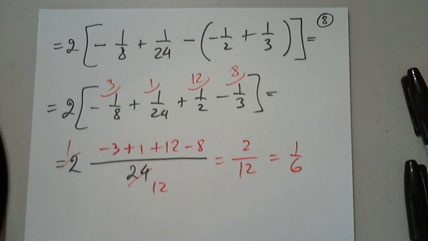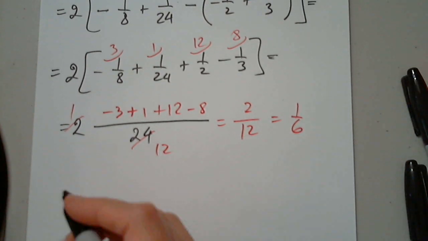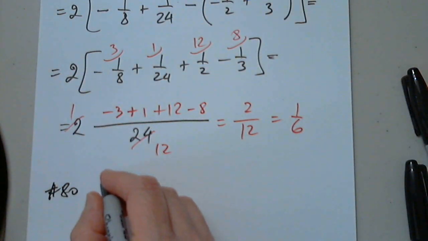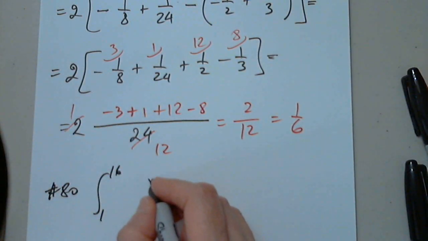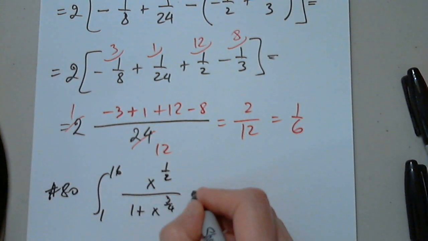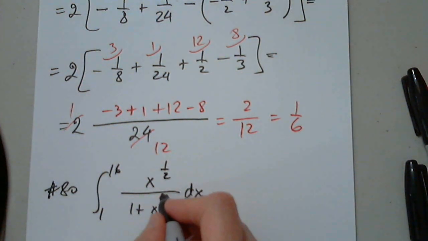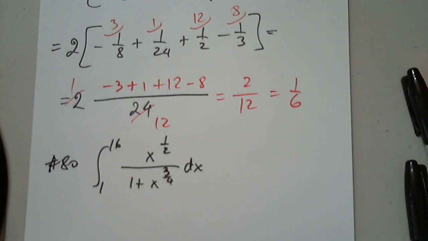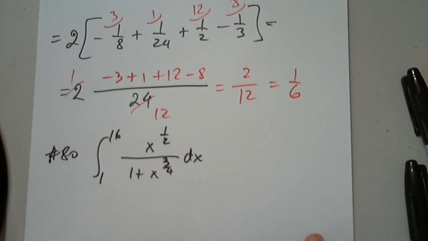Yeah, can we do 80 as well? Yes. This one? Yes. So let's look at 80. This is the integral from 1 to 16, x to 1/2, (1 plus x to 3/4) dx. Good, interesting.